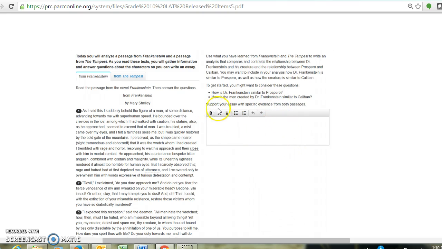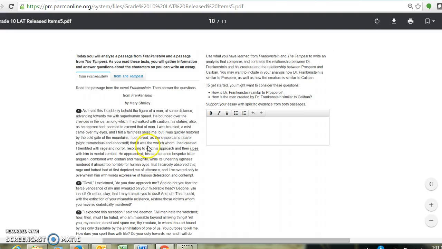The other part of this, you want to support your essay with specific evidence from both passages. That means you take quotes from these passages and you use them in your essay. But you don't just take a quote, type it, and then leave it. You take a quote, you put it in your essay, and you explain how that quote supports your thesis. That's very, very important.